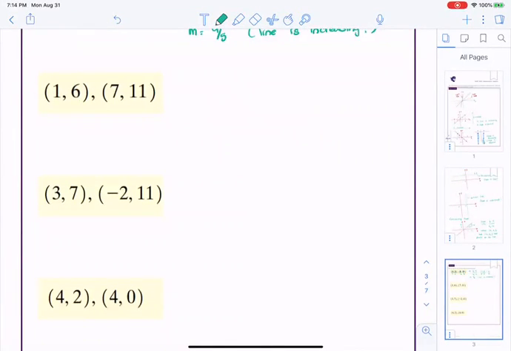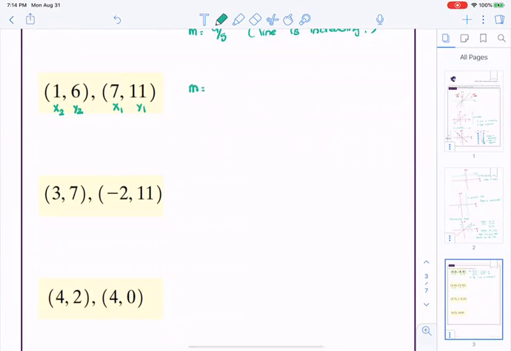Next example, we have 1, 6, 7, and 11, just to illustrate the point that it really doesn't matter which point is x1, y1, and which other point is x2, y2. This time, I'm going to call the first point x2, y2, and the second one x1, y1.